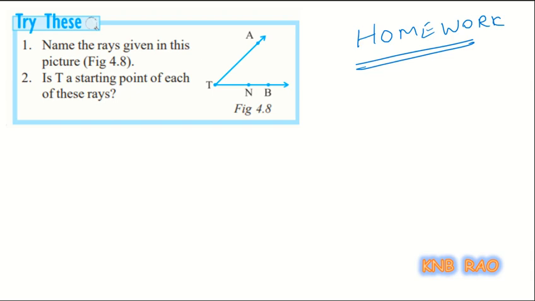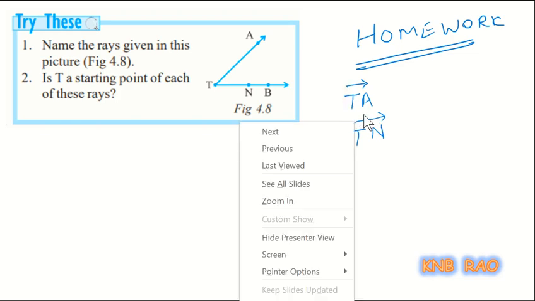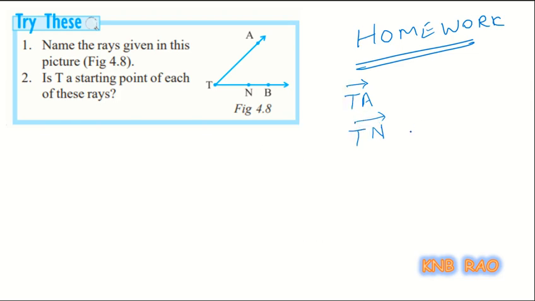So, if you watch the figures there, you could observe TA being one of the rays, and next TN being another ray.